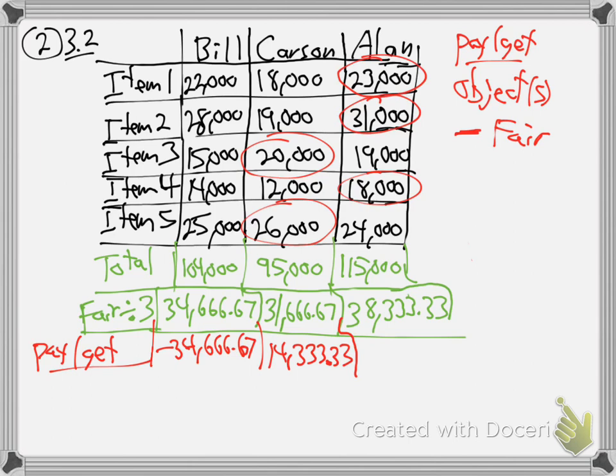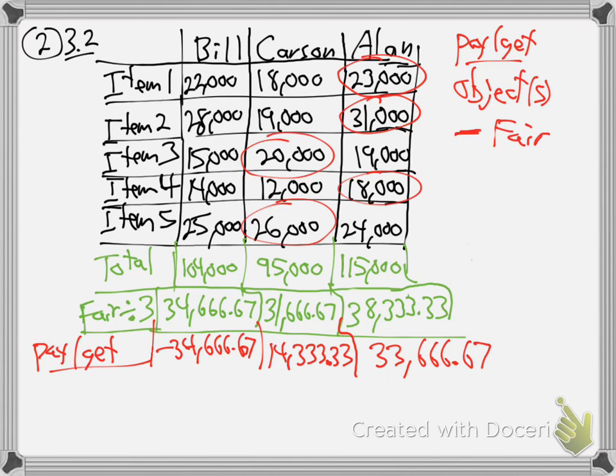Okay, so what's it come out to for Alan? Anybody getting the Alan total? 33,666.67. Yeah, that looks right to me. You guys getting that?